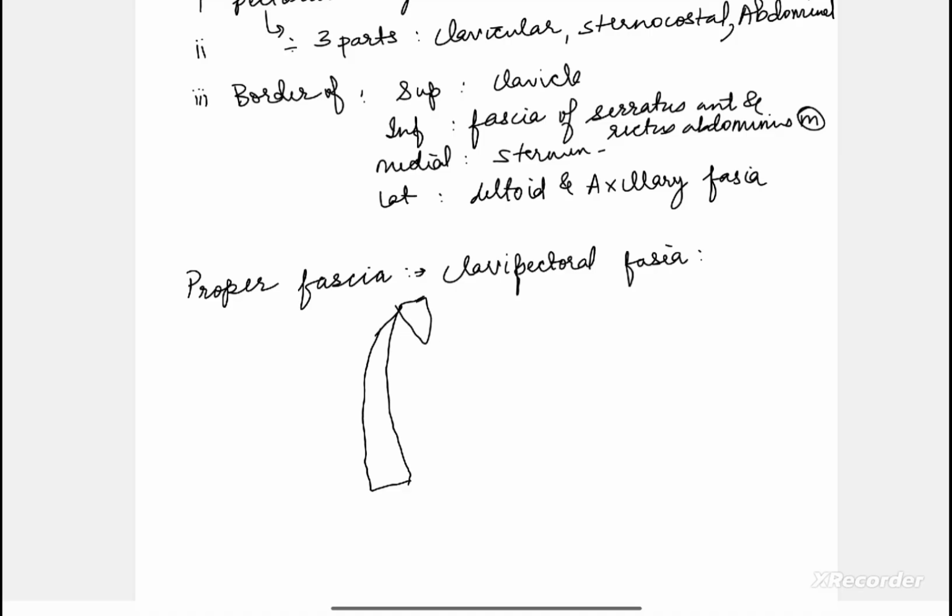It is subclavius, and from here it extends down into the pectoralis minor muscle. It covers this pectoralis minor muscle and it goes down as the suspensory ligament of the axilla. See, I will tell you.